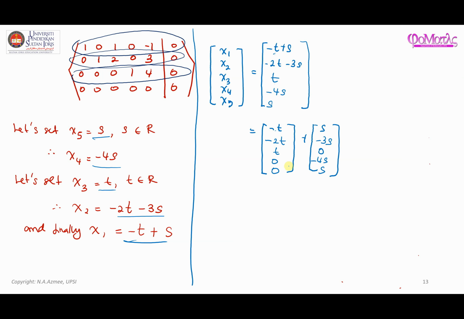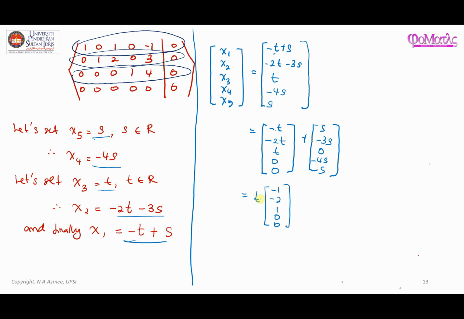Also, we can transform this to include only numbers in the matrix notation. We can take out, for example, t to be taken outside, so here we have t multiplied with a matrix with just numbers in it: negative 1, negative 2, 1, 0, 0.